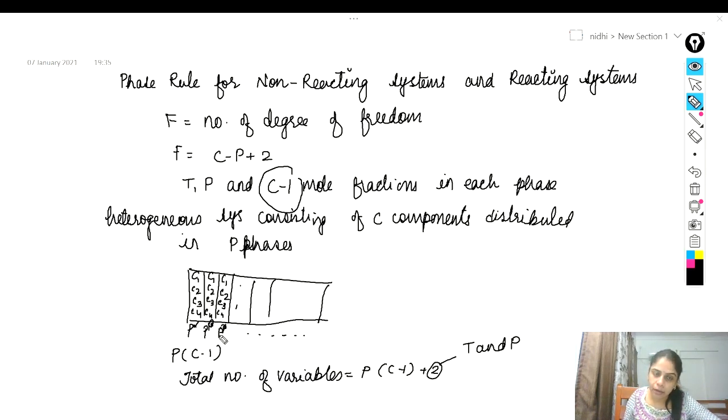If alpha, beta, gamma and so on phases are there, then we know that the fugacity of component i in alpha phase must be equal to the fugacity of component i in beta phase and the fugacity of component i in gamma phase. So this is for all the P phases.